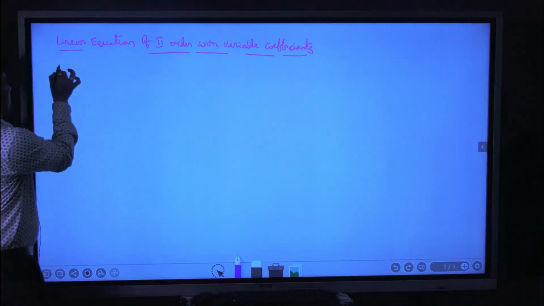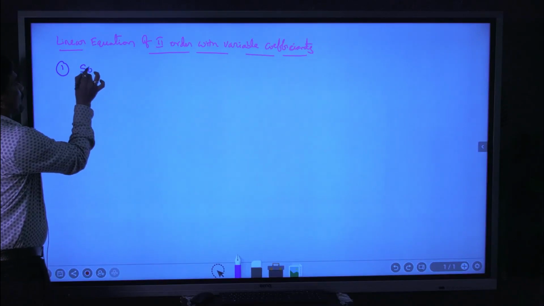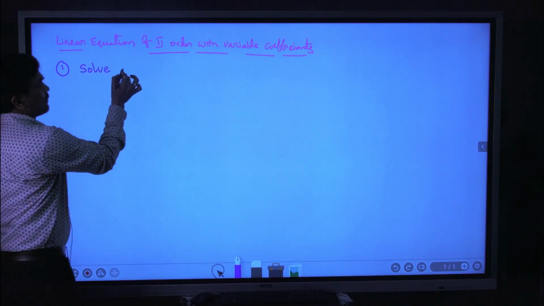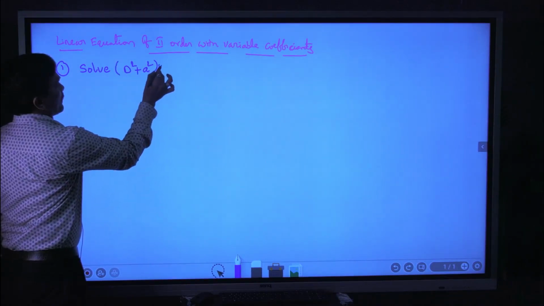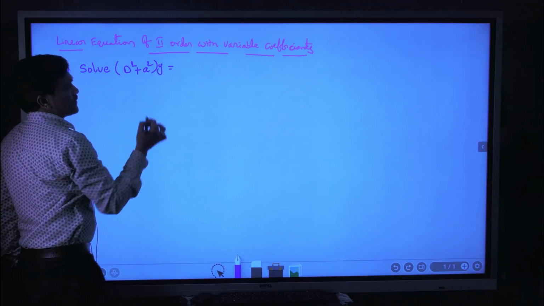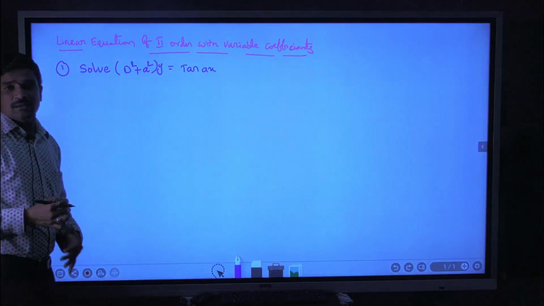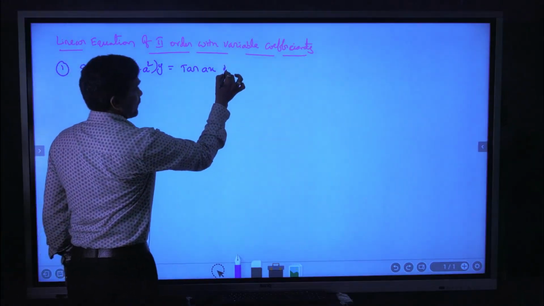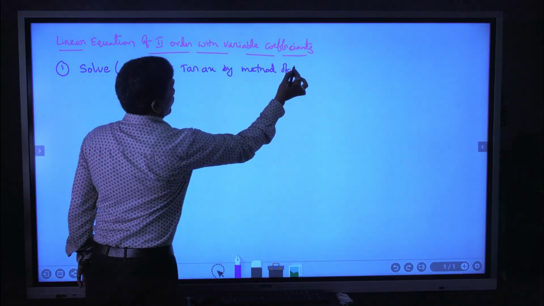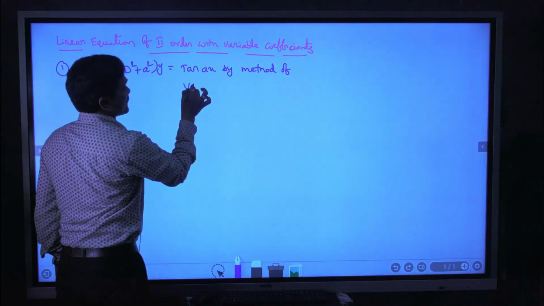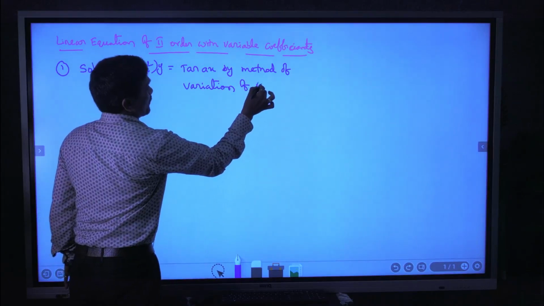The first problem is: solve (D square plus a square) y is equal to tan ax by the method of variation of parameters.